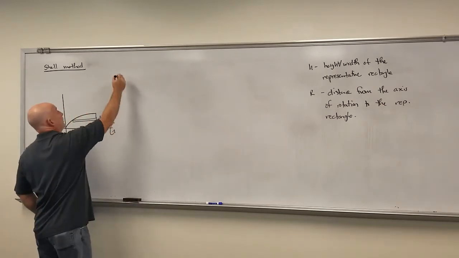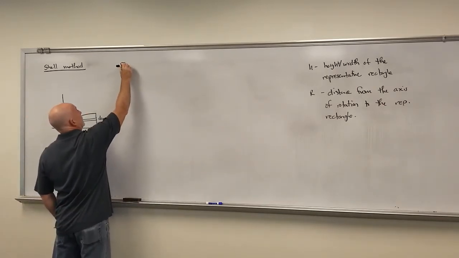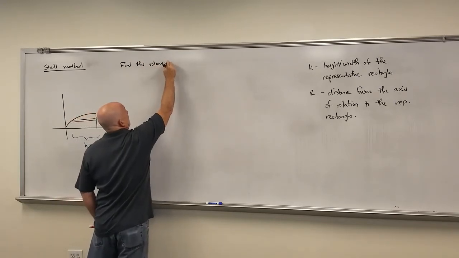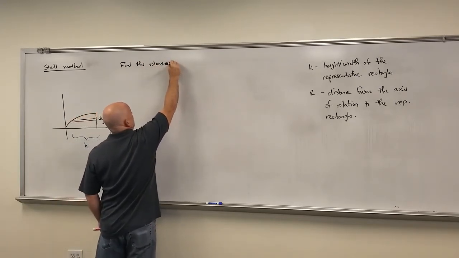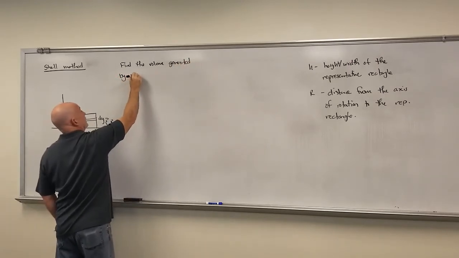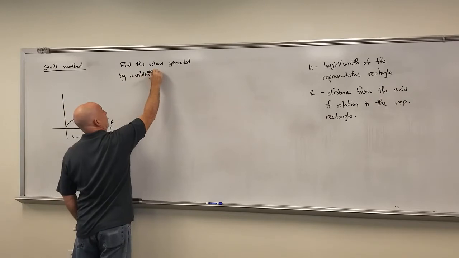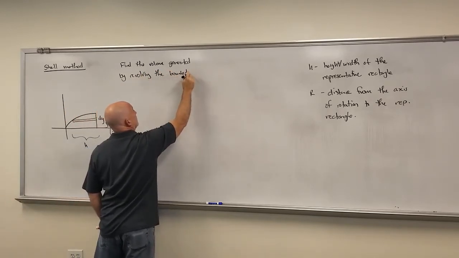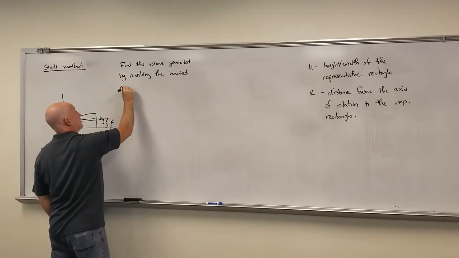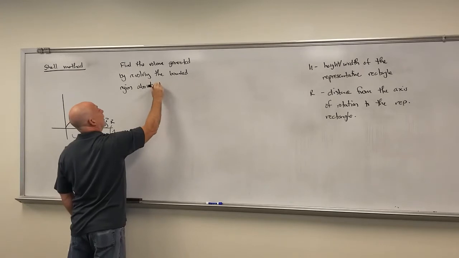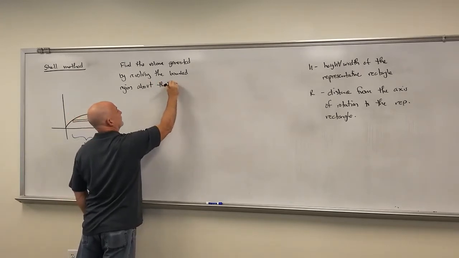So let's define our region. Find the volume generated by revolving the bounded region about the given axis.